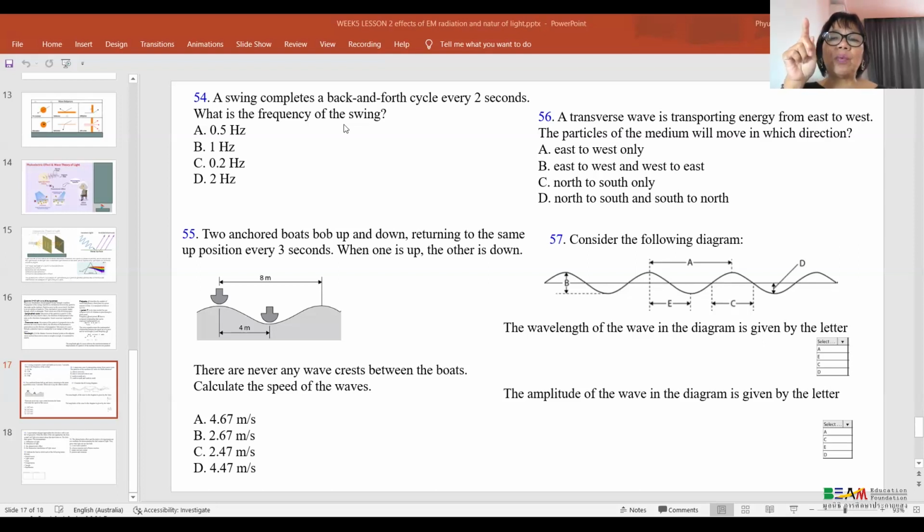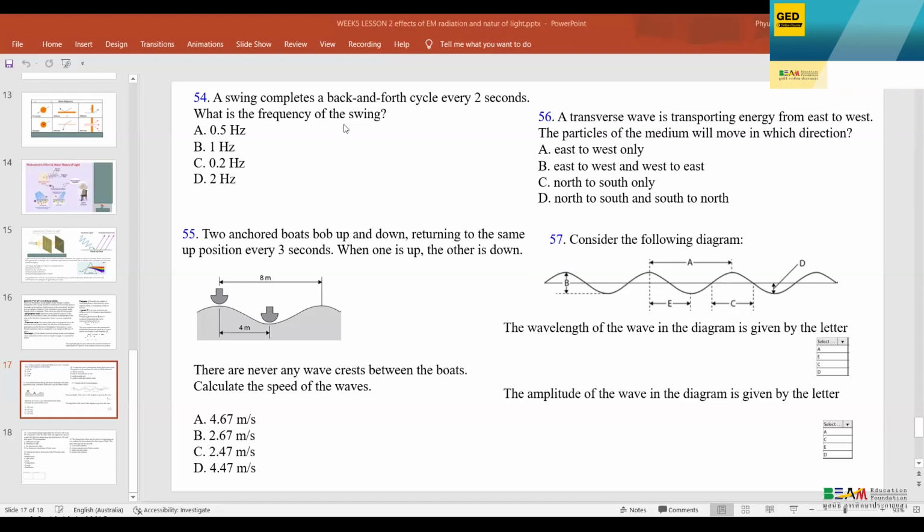The direction of the wave is east to west, and the particles in the medium will be, which one? I think A. In this case, for the transverse wave, the direction of the wave is east to west, a straight line on the X, the horizontal axis.